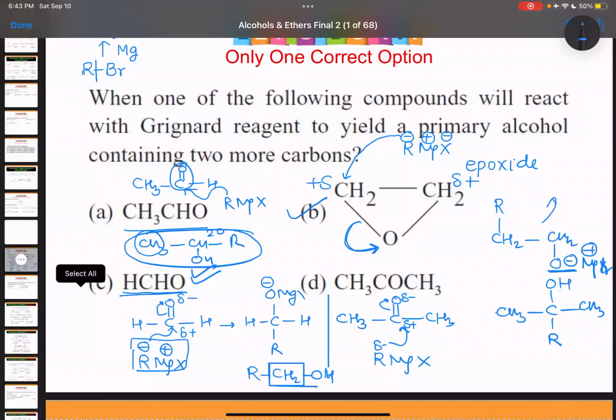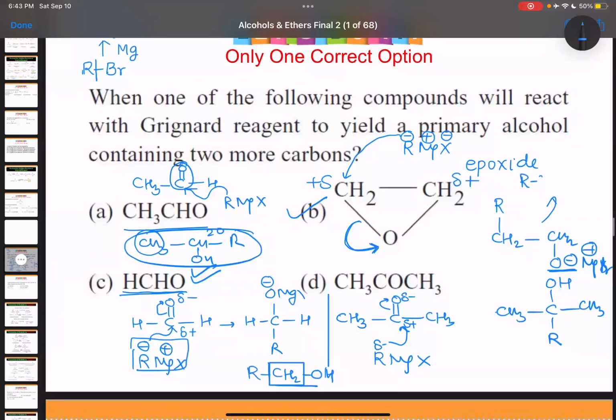Okay, so ultimately you are going to get RCH2OH. Is it clear? So if you want to get a primary alcohol having 2 more carbon atoms, you need to react it with epoxide, and epoxide is the general class of compound.